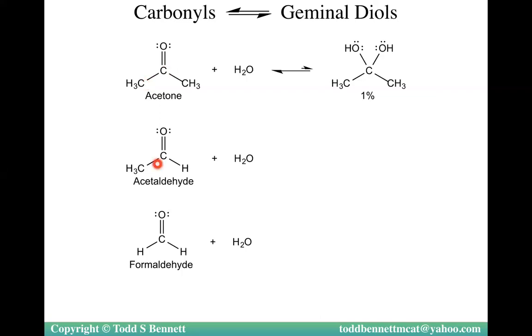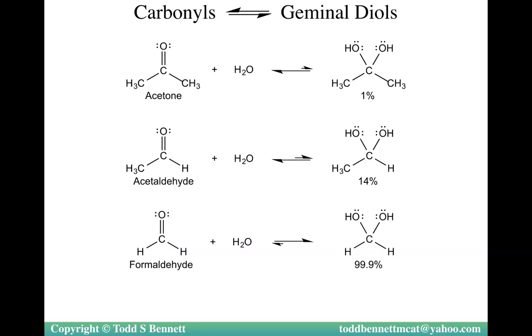Now when we only have one, it doesn't make this structure as favorable to stabilize the carbonyl. So you end up getting a little more of the diol. In this case, about 1 out of every 7. So 1 part of the diol, 6 parts aldehyde. And then when you have two H's, you have absolutely no donation. So the carbonyl doesn't get stabilized as well, and you end up forming predominantly the diol.